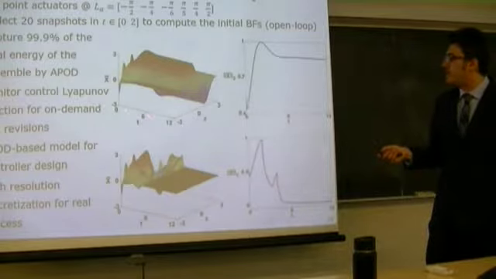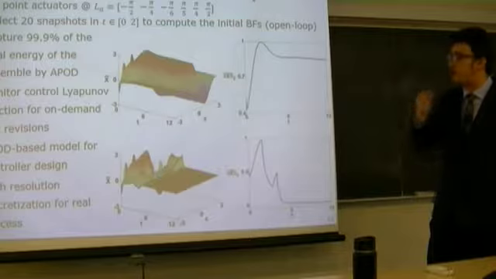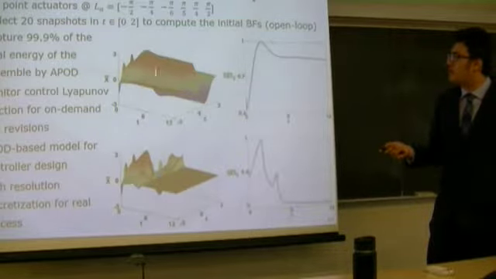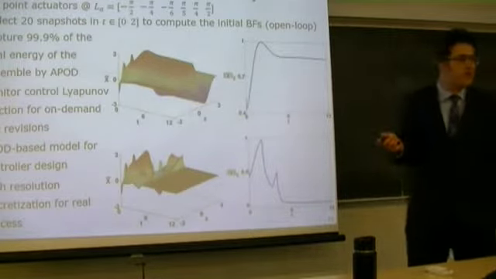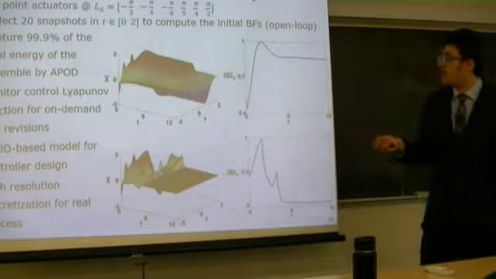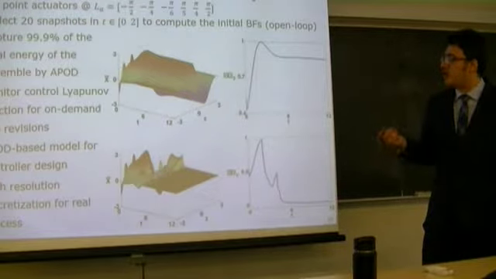And during this open loop time period, the control is inactive. So we use proper orthogonal decomposition to capture 99.9% of the total energy of the ensemble, and we also monitor the control Lyapunov function for on-demand revision requests.